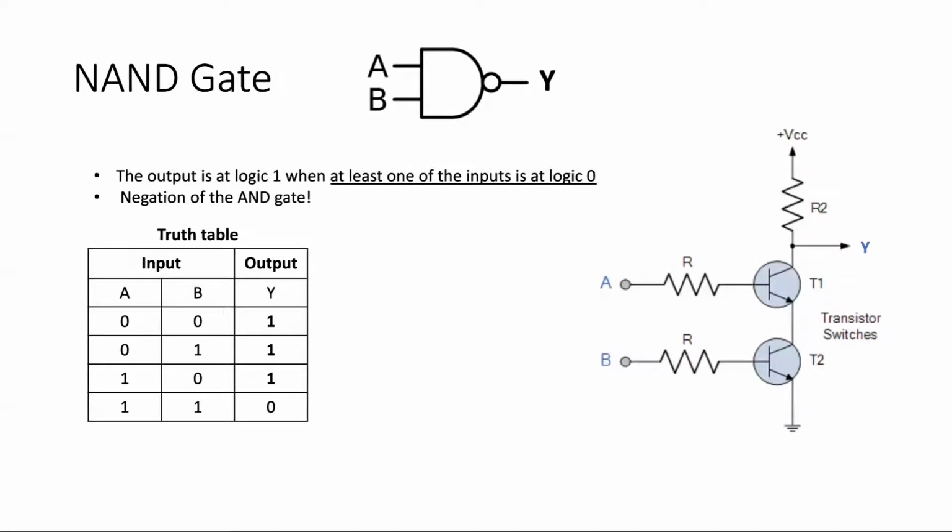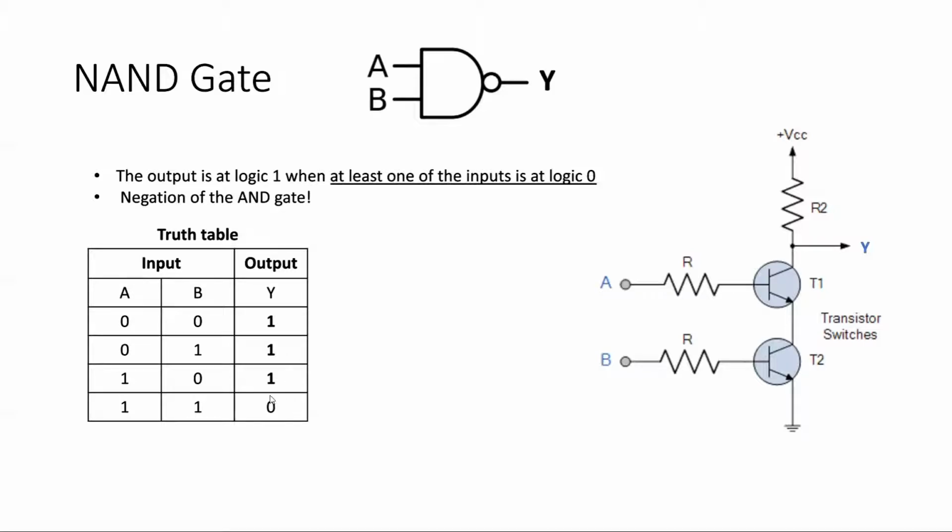The next gate is NAND gate, which stands for not AND gate. So as you see here in its symbol, it has the symbol used for AND gate plus a circle, which, as I said, shows negation. So as you expect, the output of this gate is at logic 1 when at least one of the inputs is at logic 0. So it is as opposed to the AND gate.